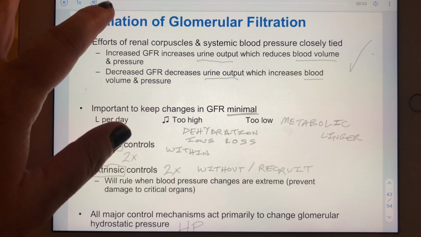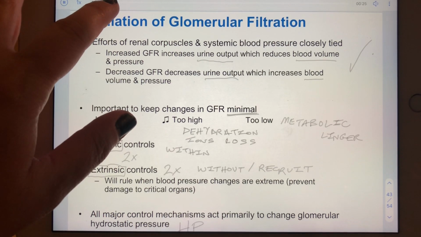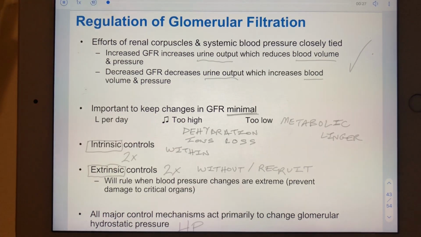That's fine. Sorry, guys. Anyway, we had just established that glomerular filtration rate is the amount of filtrate that the kidneys produce over or per unit time, all right?